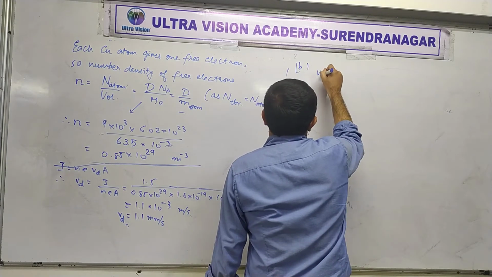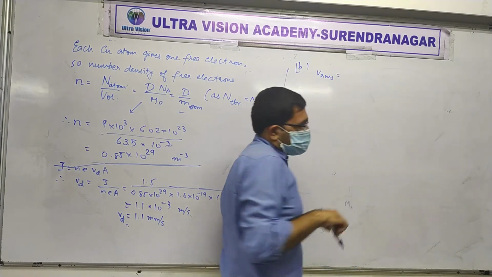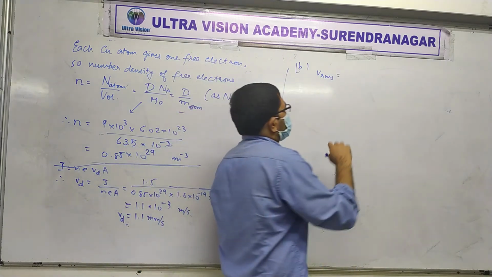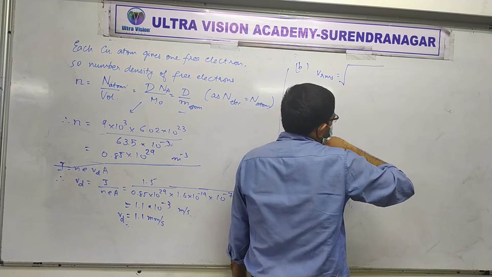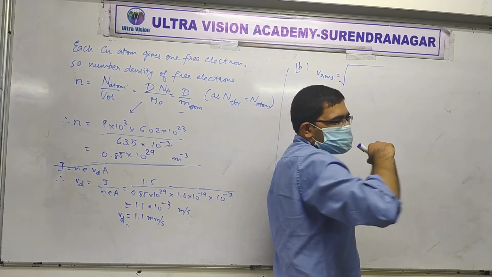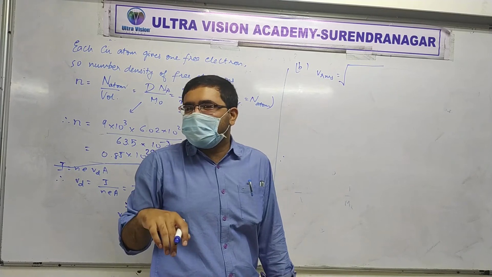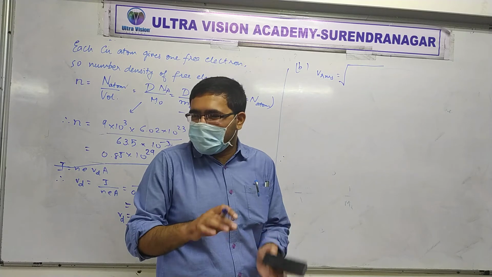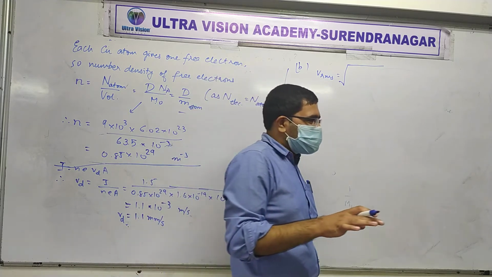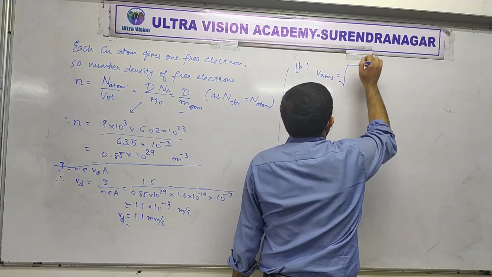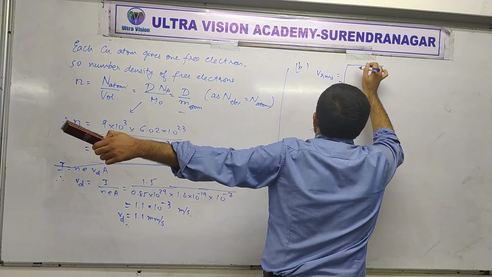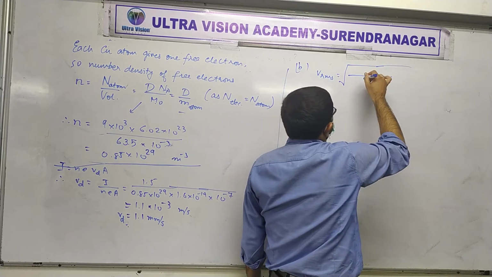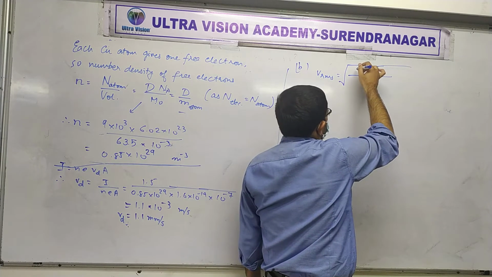So in part B we have to find vrms of copper atoms. At which temperature? Ordinary temperature, meaning room temperature. Okay, so take 300 K. So let's put the formula. Do you remember it or not?